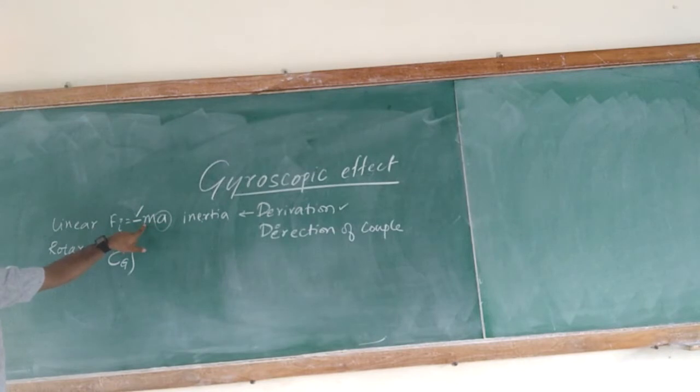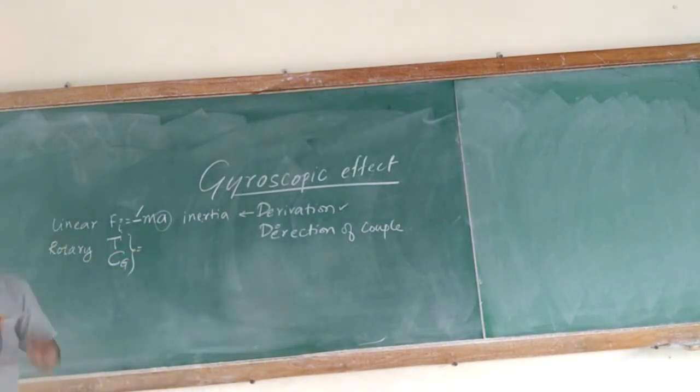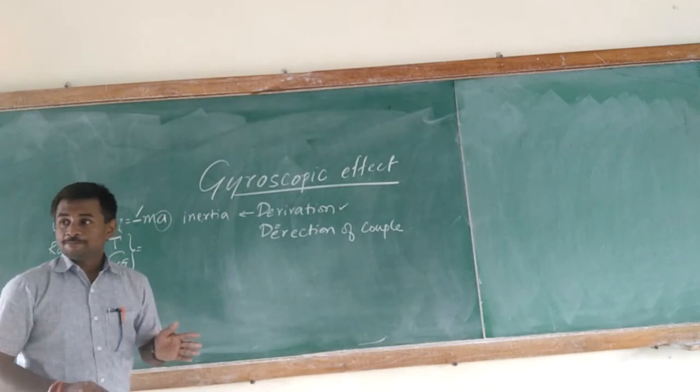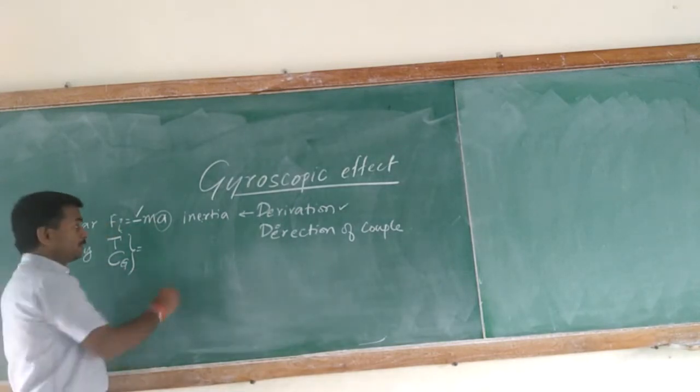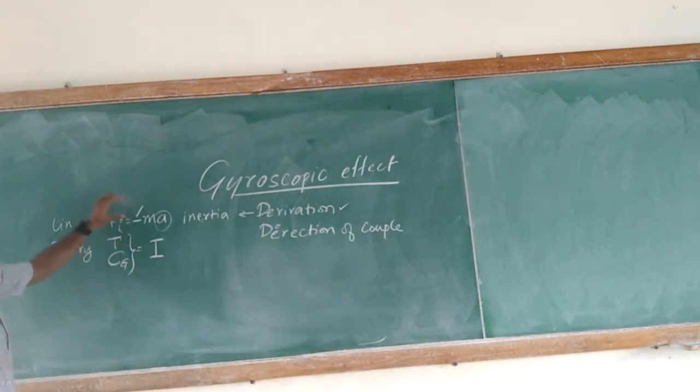Now instead of m we have to take, m is mass. Mass in the linear is equivalent to what in rotational? In the first class itself I have told you. Mass moment of inertia, I. So whenever you have m in a linear equation, in the same rotational equation you have to replace m with the mass moment of inertia.